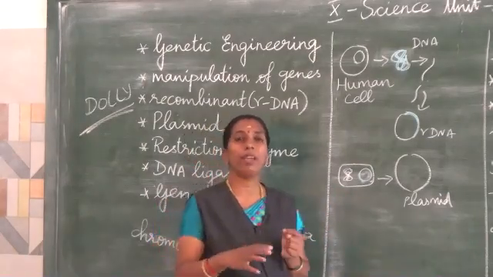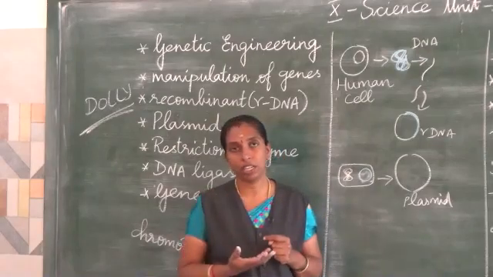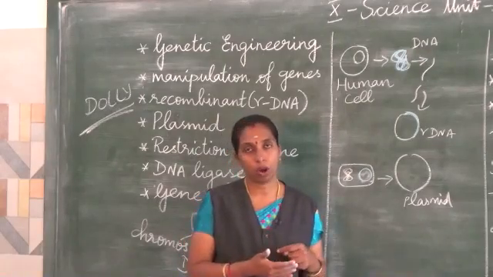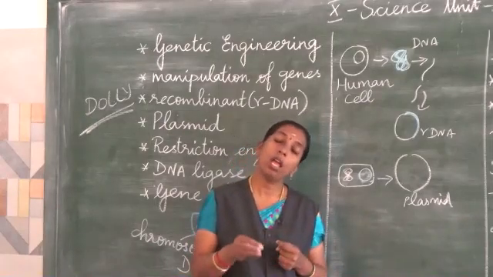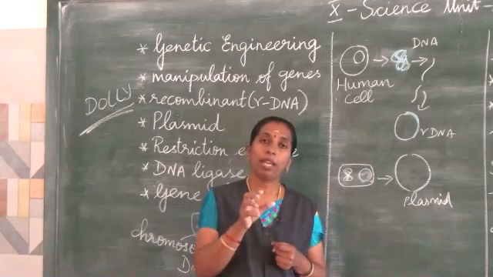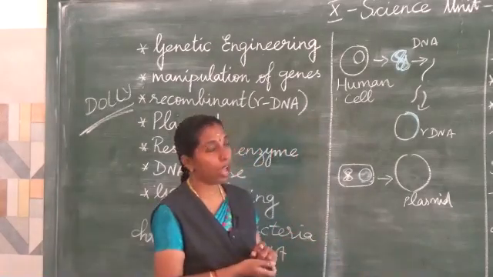Human beings are affected by various diseases, whether genetic diseases or metabolic disorders. To get a remedial solution for these diseases, we go for cloning. First we shall see how cloning is carried out.